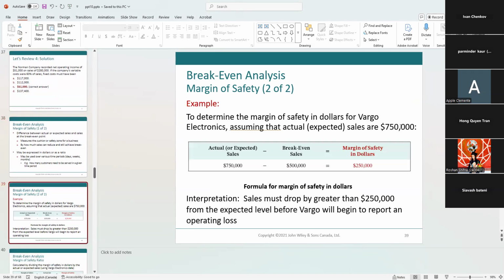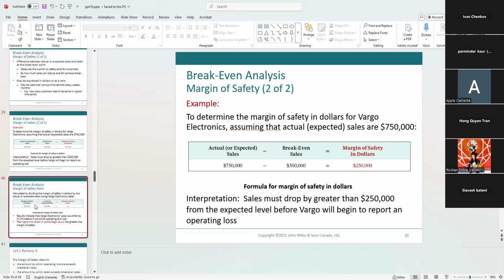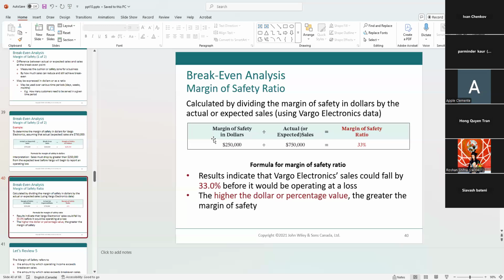If the actual sales are $750,000 and the sales at the break-even point are $500,000, your margin of safety is $250,000. That can be expressed as a percentage of where you are, so 33% is your margin of safety. The interpretation is that your sales can drop by 33% before they reach the break-even point.